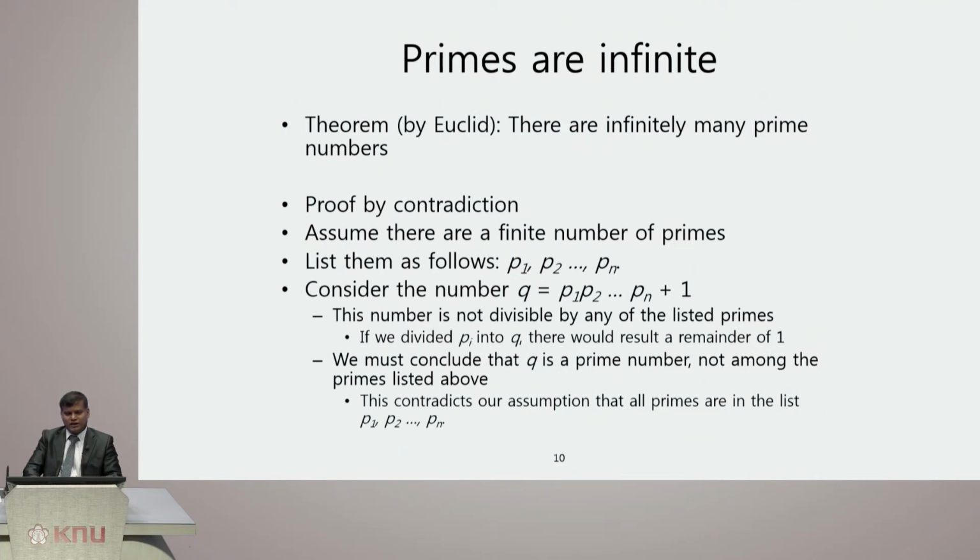We stated that P1, P2, P3 till Pn is the list of finite prime numbers, and then we consider q, and q is a number that is beyond that list, and we come to know that there is nothing that could divide this number q. So we can conclude that q is a prime number that is not in the list. So it goes on and on and on. Therefore, we can say that primes are infinite.